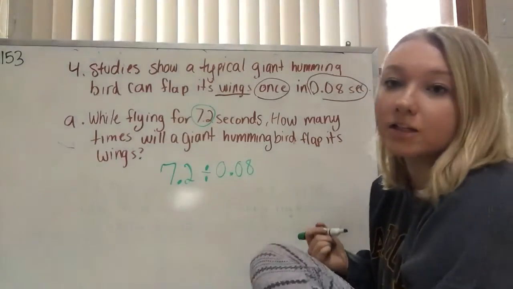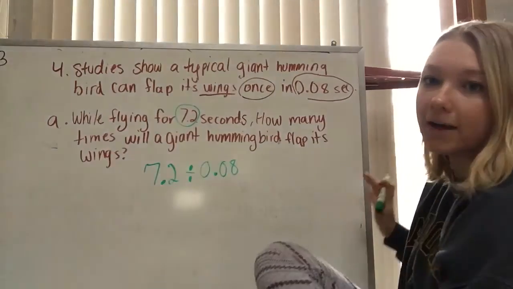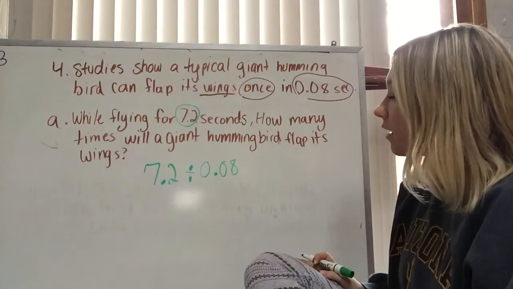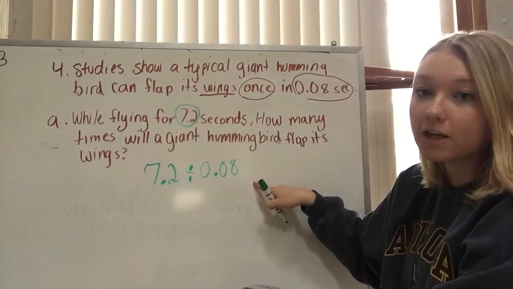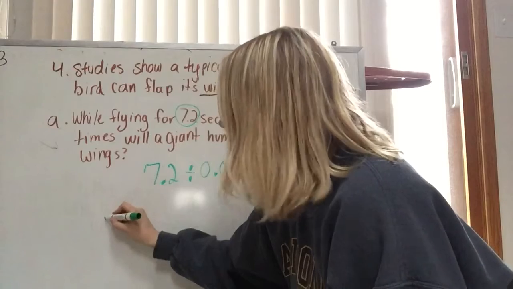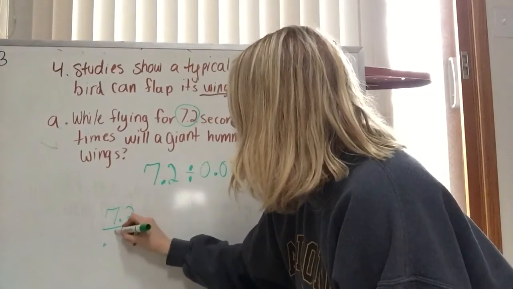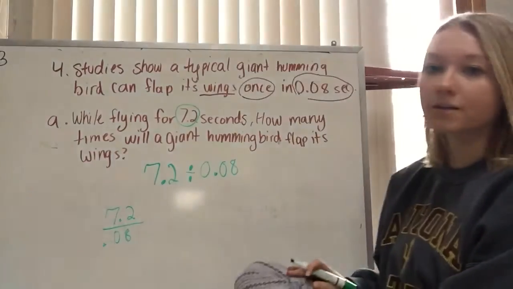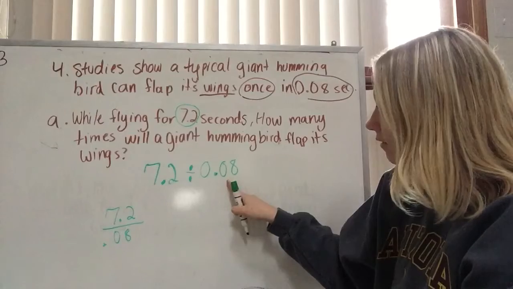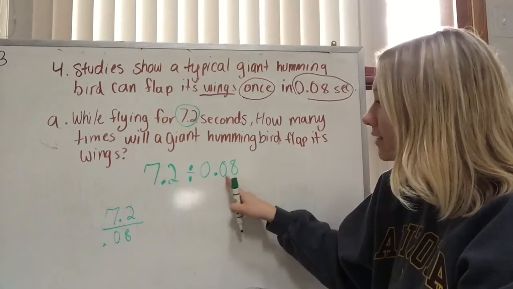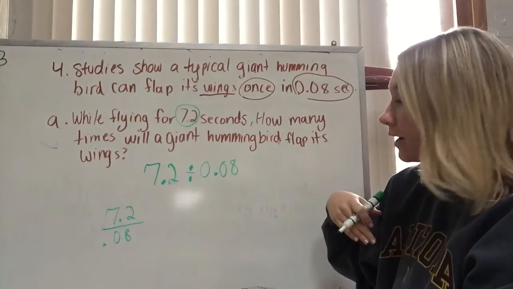So that's why we're going to divide by 8/100ths. Okay? And just like last time, I hope you can see that. So 7.2 divided by 8/100ths. I'm going to take this division expression and put it into a fraction. So 7.2 over 8/100ths. There is a 0 after the decimal, but this is holding a place, so not like last time, I'm not going to erase it.